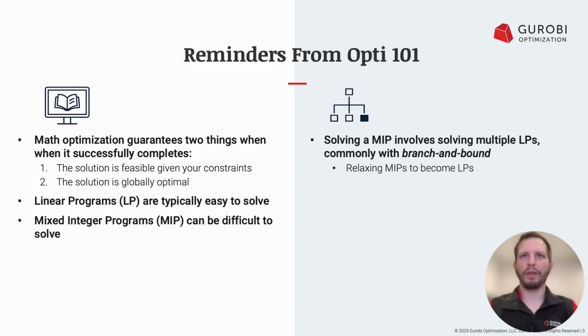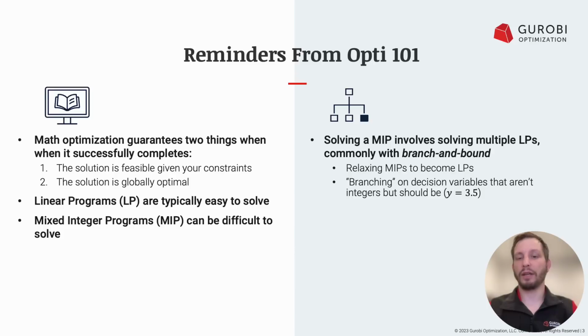It starts with relaxing a MIP into an LP, so again, getting rid of the integrality constraints, but everything else is exactly the same. Then it's about branching, where you find a decision variable that should be integer but isn't, something like 3.5. You add a couple of new constraints, so say you add a constraint that says y must be less than or equal to 3. That gives you a new LP.